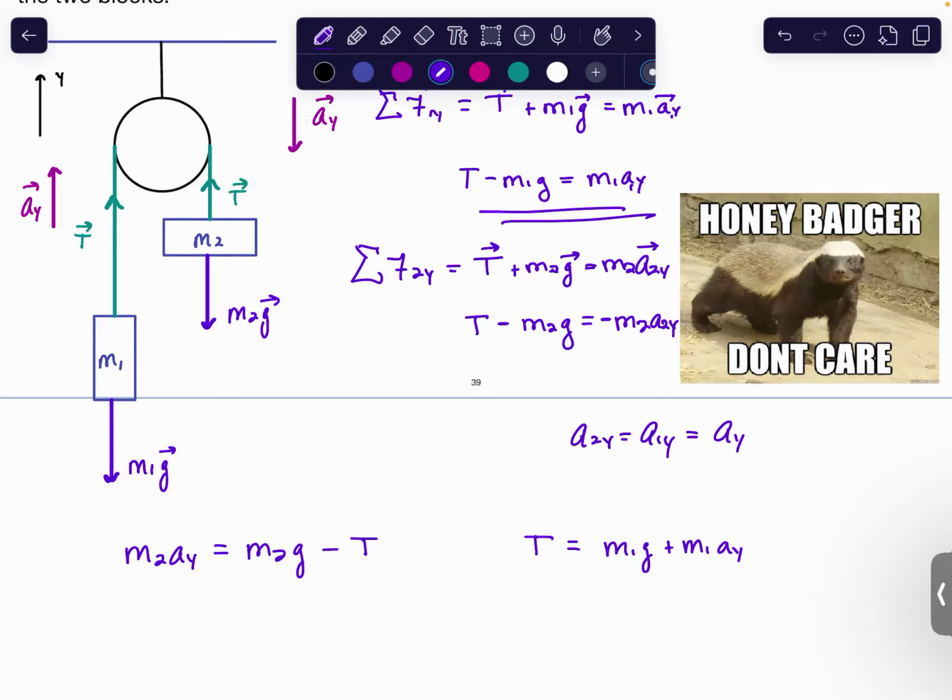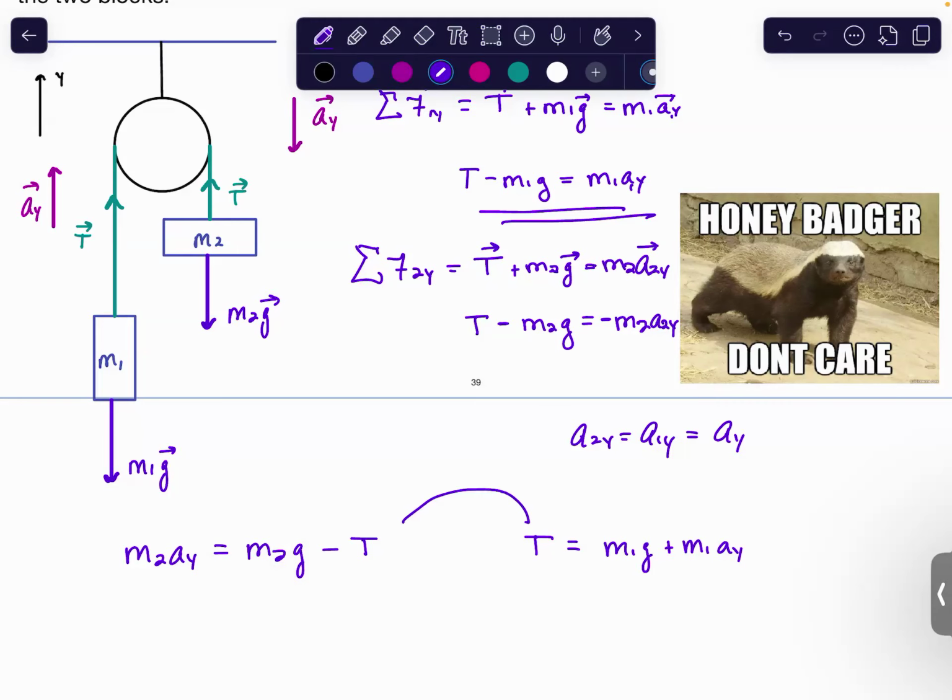Well, because this is a single system, and when it starts moving, both blocks are going to move at the same acceleration. When you're looking at the free body diagram, you start out saying, I have acceleration for mass 1, acceleration for mass 2, but since it's the same cable, you end up saying they're both just the same acceleration, just in opposite directions.